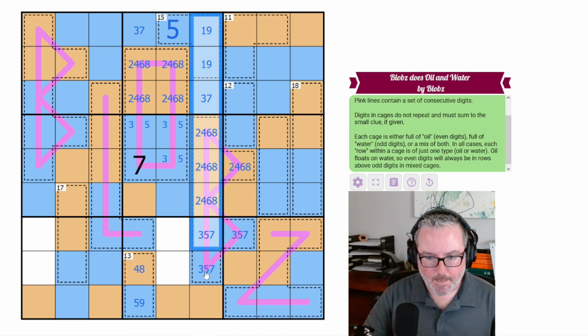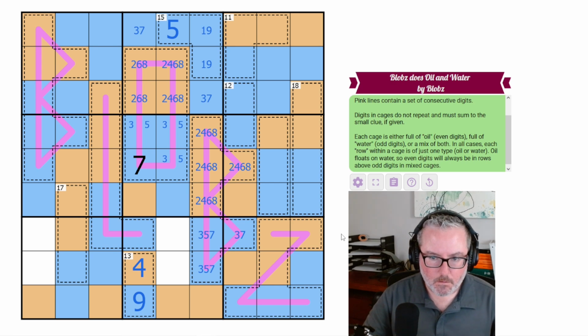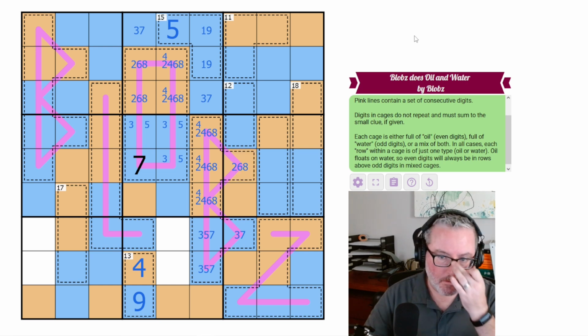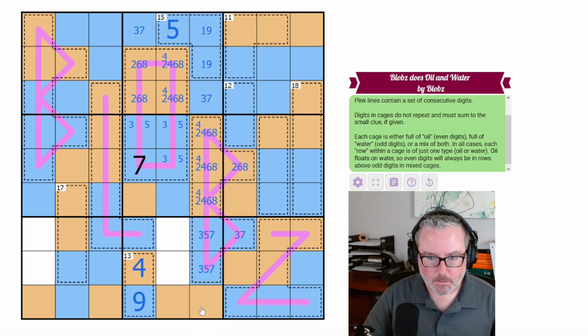Now, if we know that, we can say there has to be a 5 in one of these, so we can get rid of this 5 and put a 9, 4 in. Therefore, there's no 4s over here. Okay, which means one of these is 4, which means this one is not. So hopefully we're going to get a little bit of a cascade here, although it's not quite presenting itself. At least not yet.